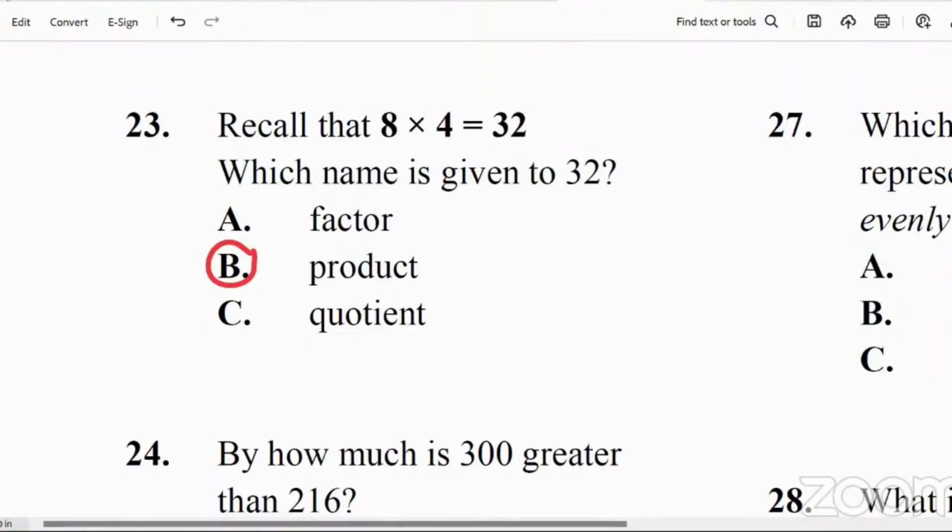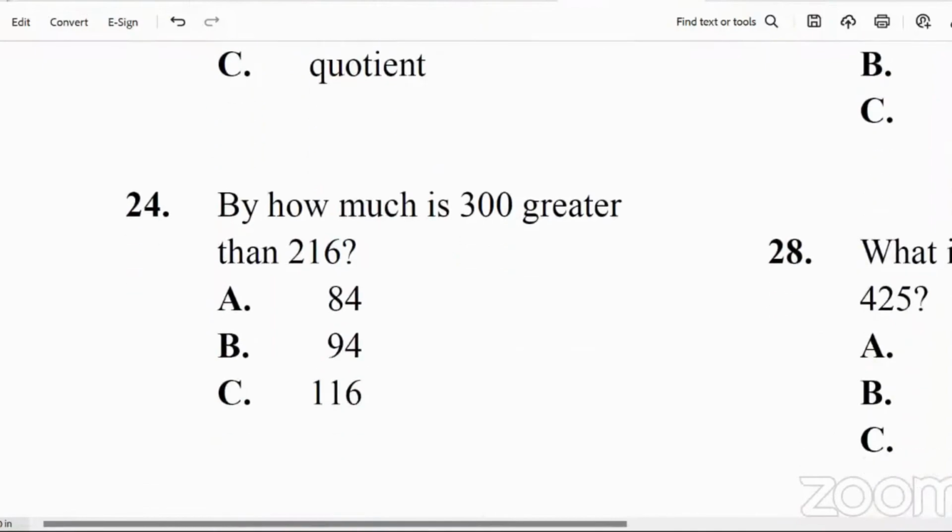All right, question 24. By how much is 300 greater than 216? So by how much is this number 300 greater than 216? We will have to subtract 300 minus 216.